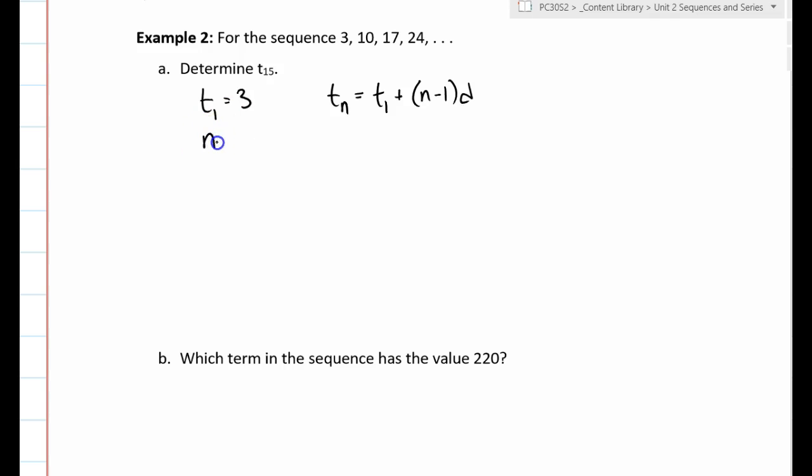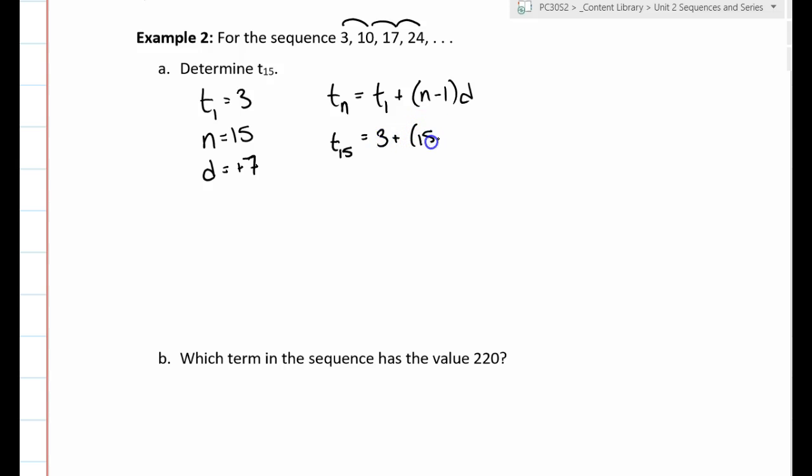So n in this case is 15. My common difference, I look at my sequence, it's changing by +7, +7, +7. So I'm confirming, yes, in fact, this is an arithmetic sequence. I am going to be using this equation, and my common difference is +7. Now I have everything I need to fill this in for term 15.